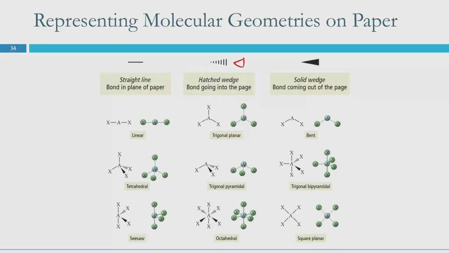So these are bonds going into the page or away from you. And then we have these solid wedge lines that are coming towards you, or out of the page.